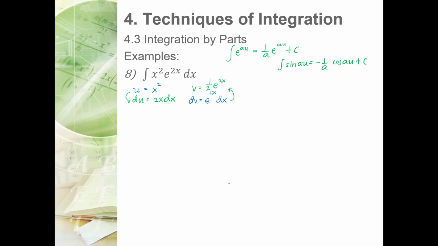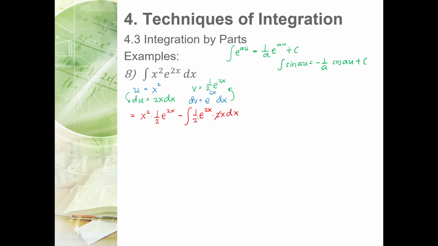Starting off with the first one, we're going to have x squared times 1/2 e raised to 2x, that would be our uv, minus the integral of v du. So that's 1/2 e raised to 2x times 2x dx.